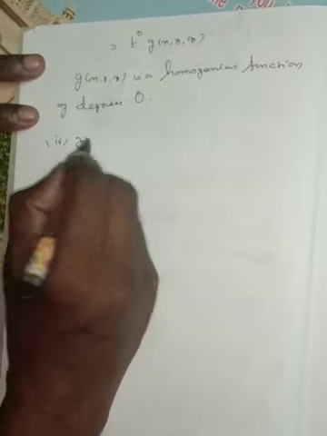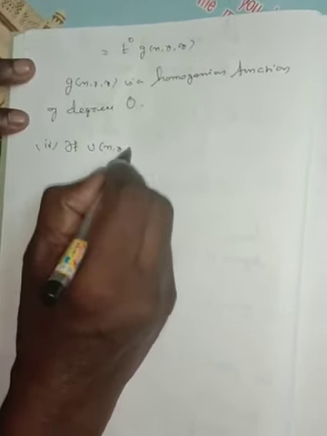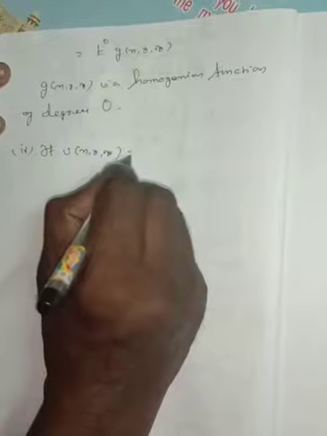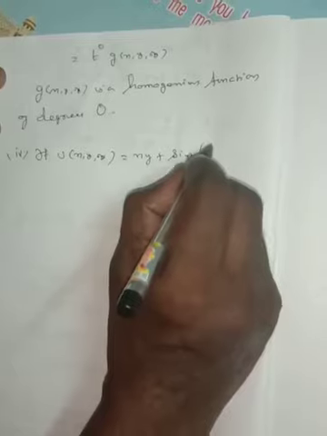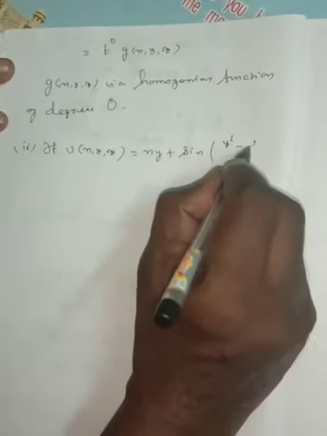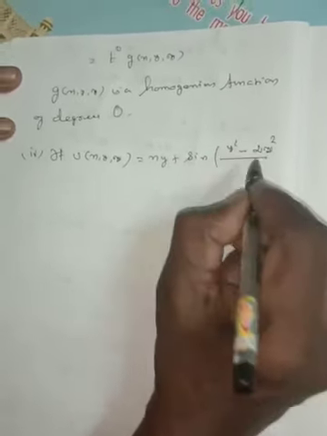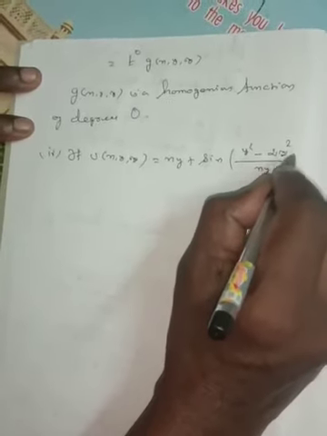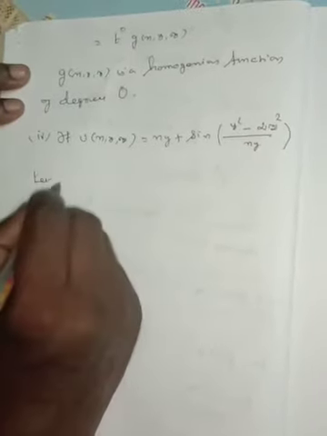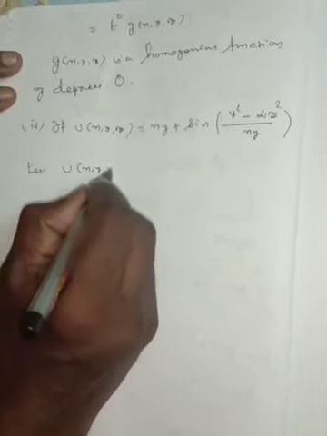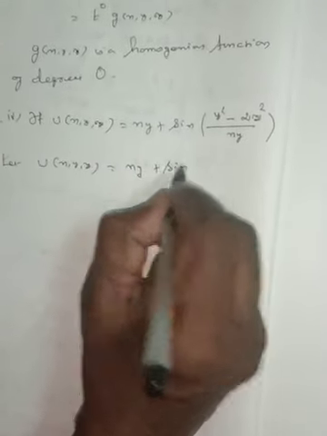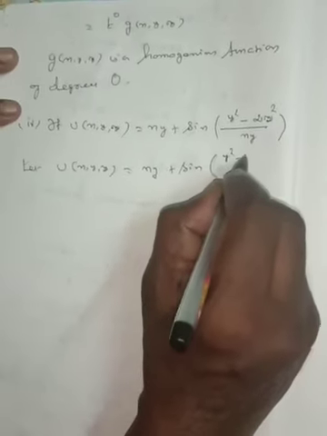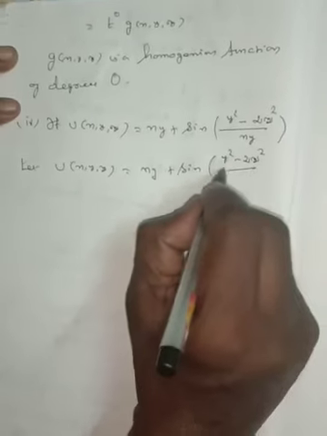If u of x, y, z is equal to xy plus sine of y square minus 2z square divided by xy. Let u of x, y, z is equal to xy plus sine of y square minus 2z square divided by xy.